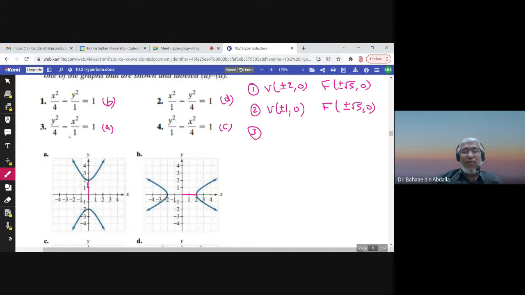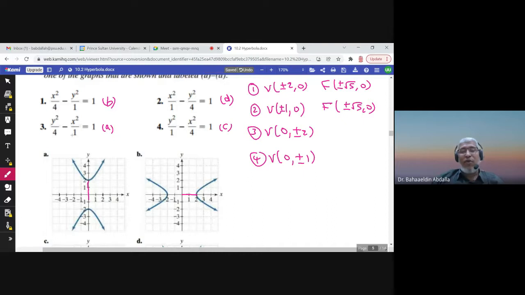For 3, this hyperbola is vertical. So the vertices and the foci lie on the y-axis. The distance from the center to the vertex is 2. So the vertices have coordinates 0, plus or minus 2. While number 4, 0, plus or minus 1.